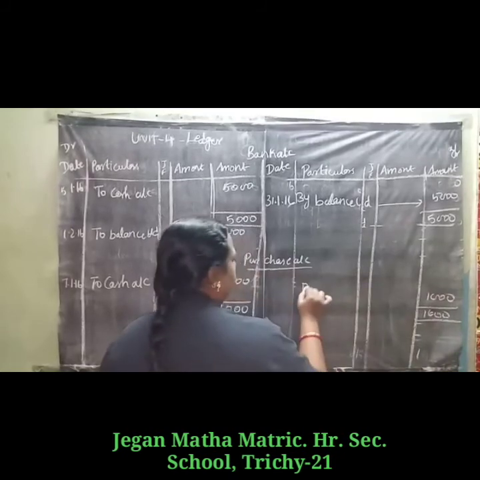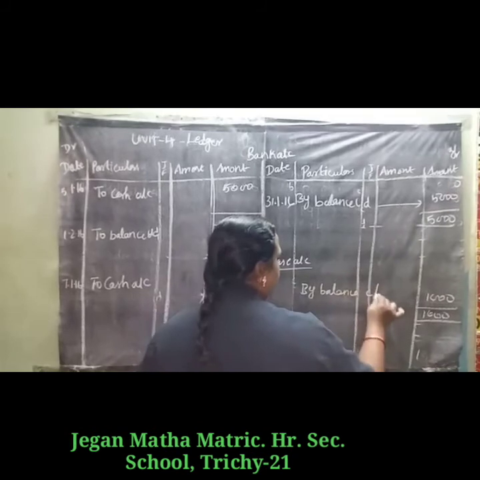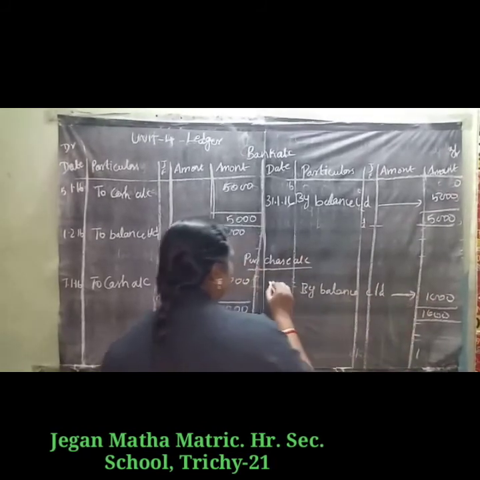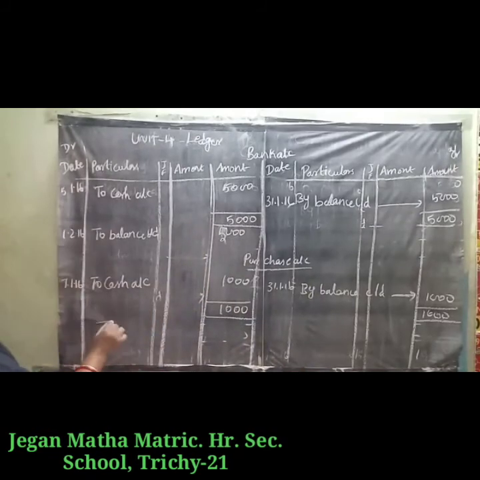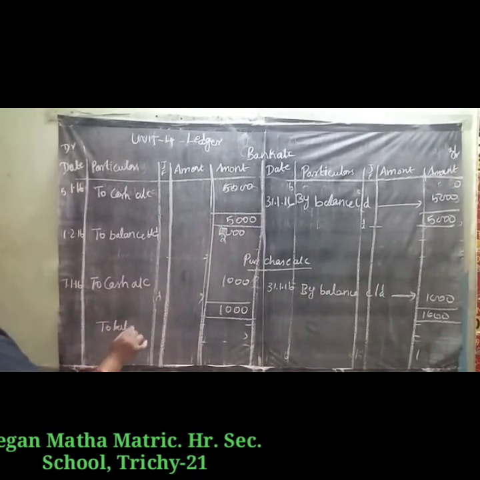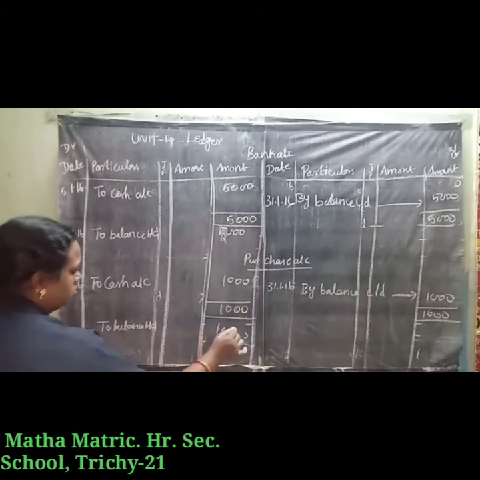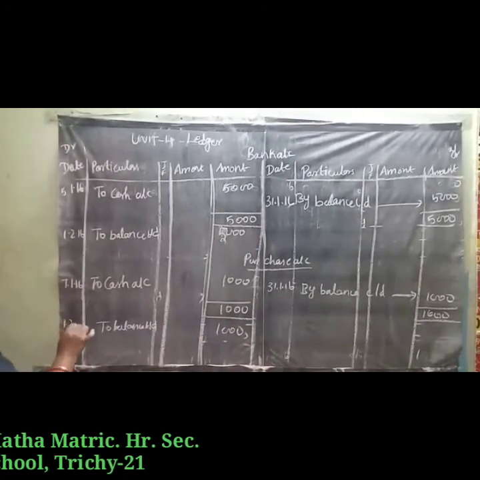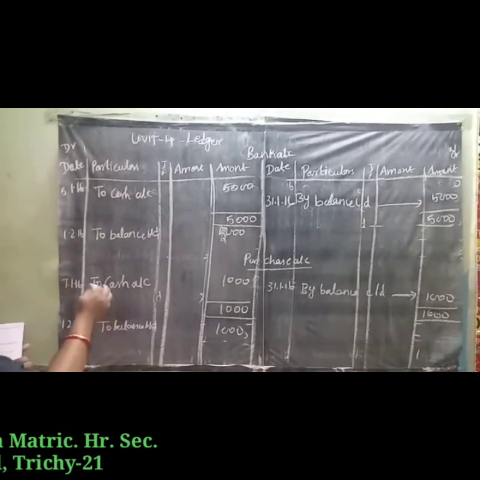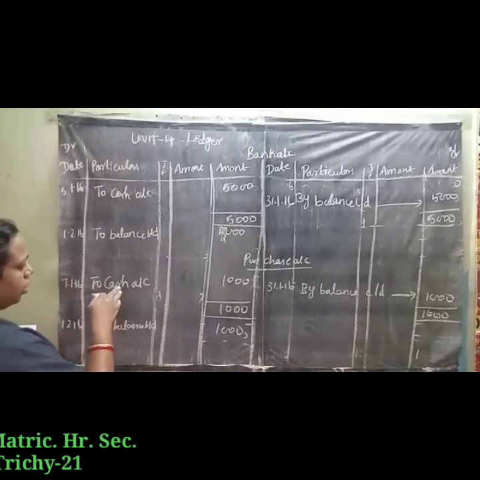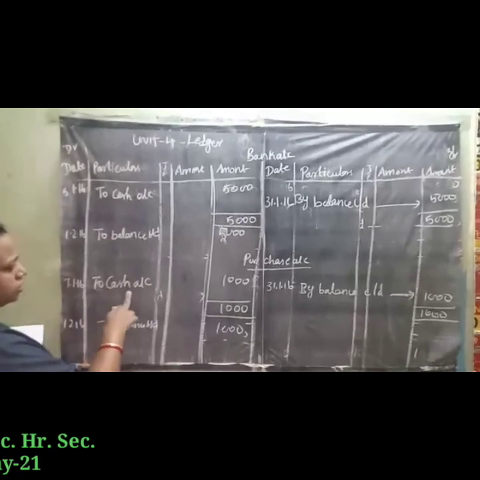By balance c/d 1,000, 31/1/2016. Then to balance brought down 1,000, date 1/2/2016. Purchase is on the debit side, so the opposite account is cash. We write to cash account 1,000.